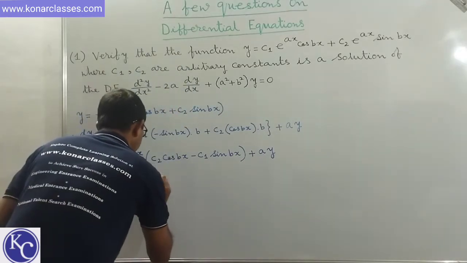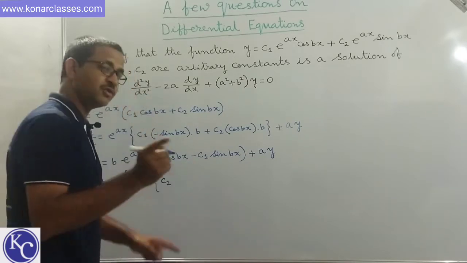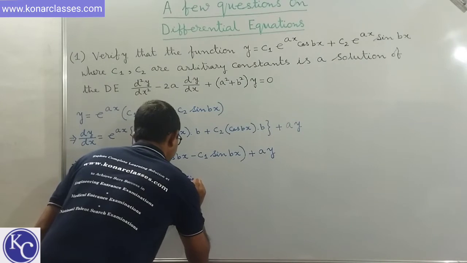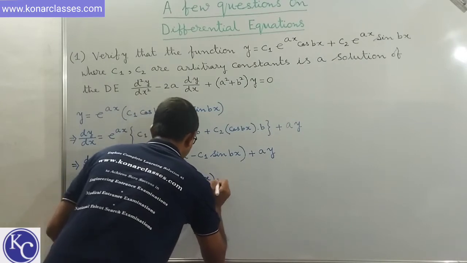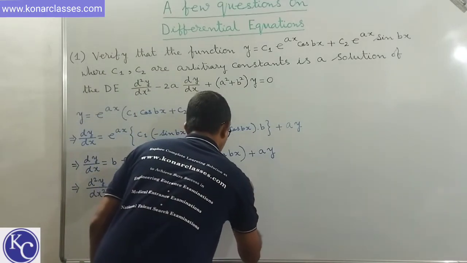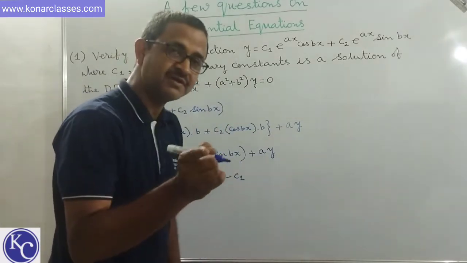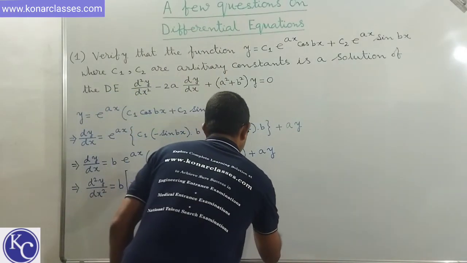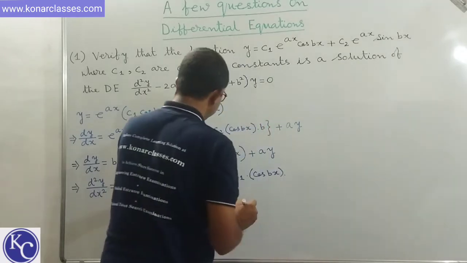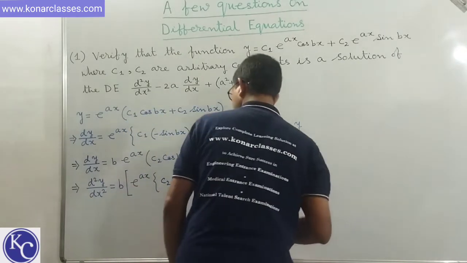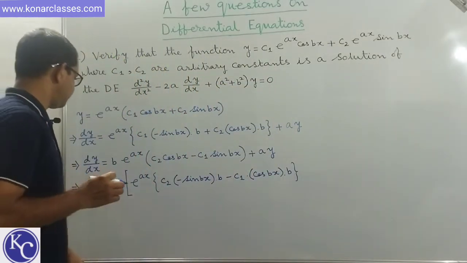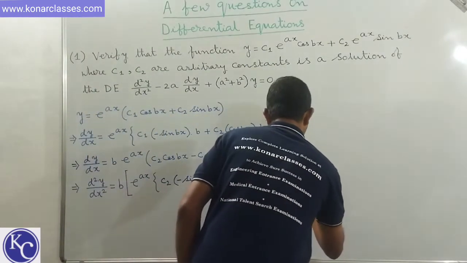So c2, differentiation of cos bx is minus sin bx, so minus sin bx into differentiation of bx, which is b, minus c1, differentiation of sin bx is cos bx, into cos bx into differentiation of bx, which is b. Correct? This is done. Plus what we can write?